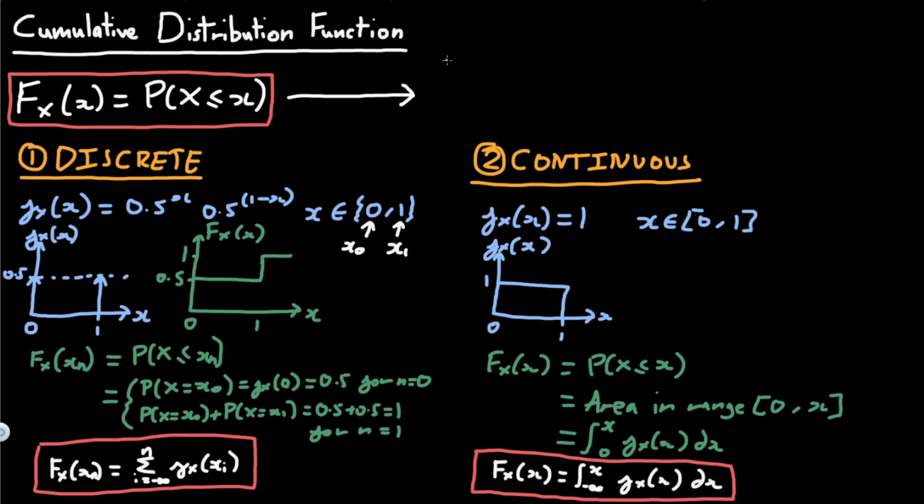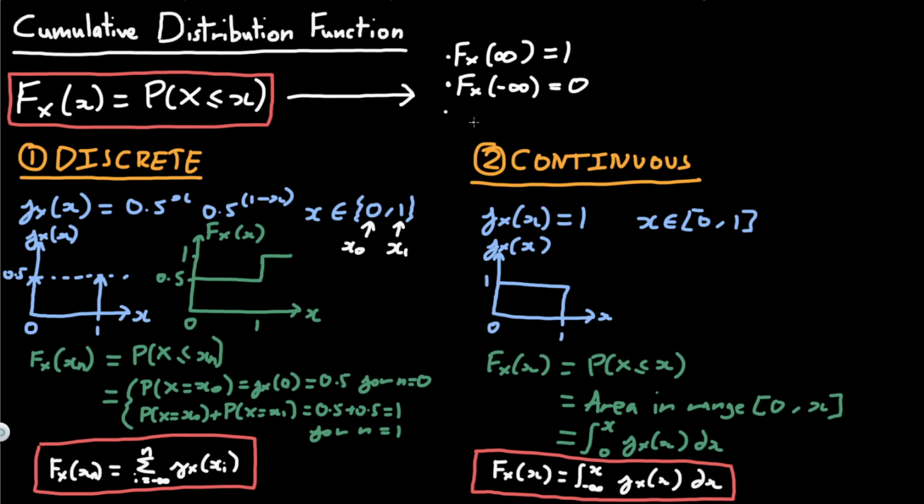So we can say that the cumulative function at infinity should be 1. Furthermore, there should be no possibility of choosing a value less than negative infinity. So we could say that the cumulative distribution at negative infinity should be 0.